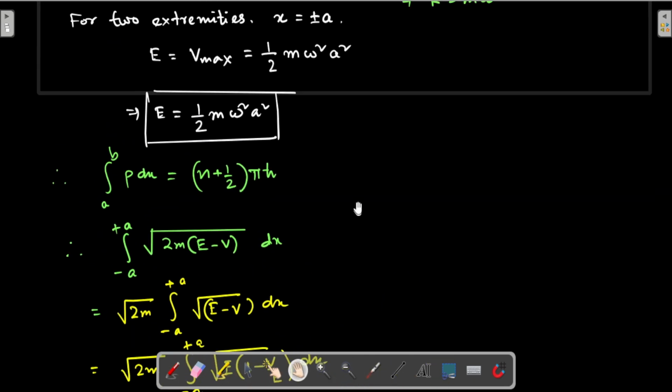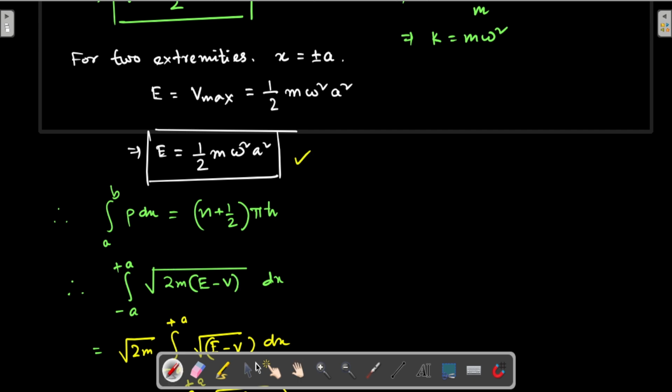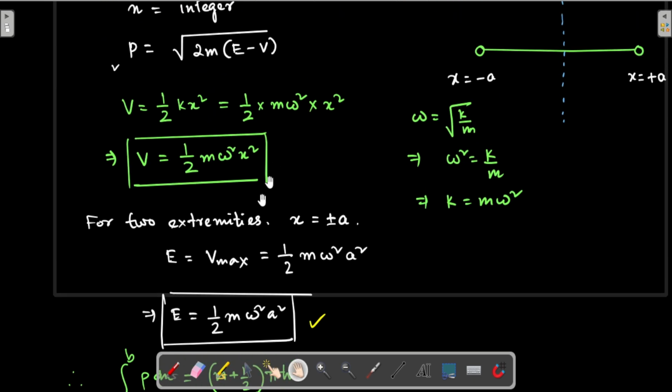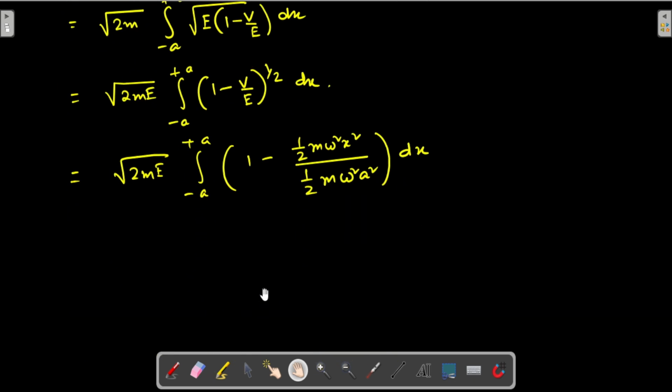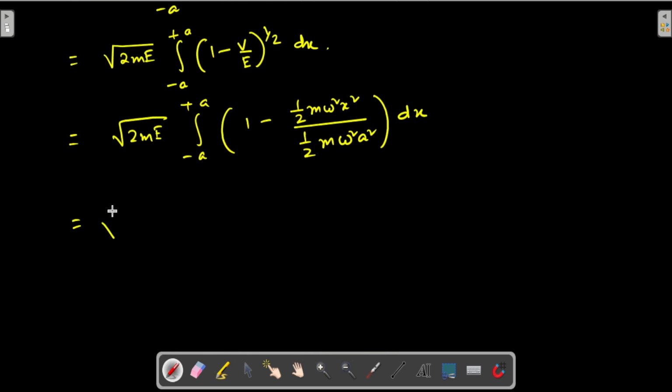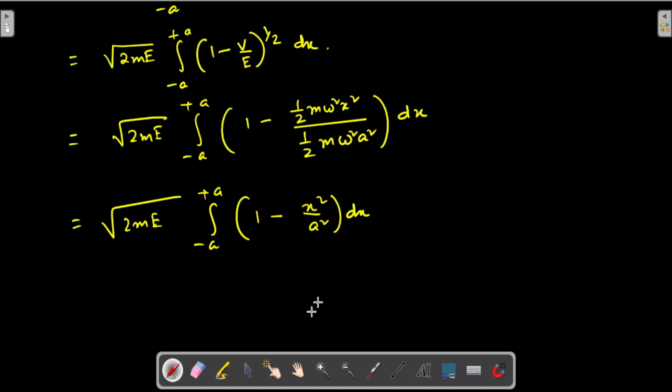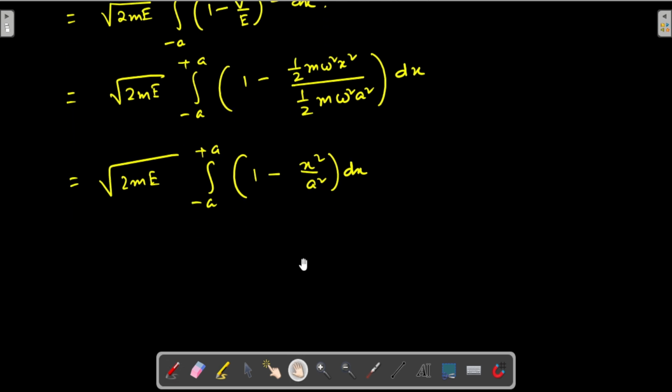Here, look at the values of V and E; I have just put them into our integration. The half and half m omega square cancel out from both terms, and it becomes x square by a square dx. Let's solve the integration.